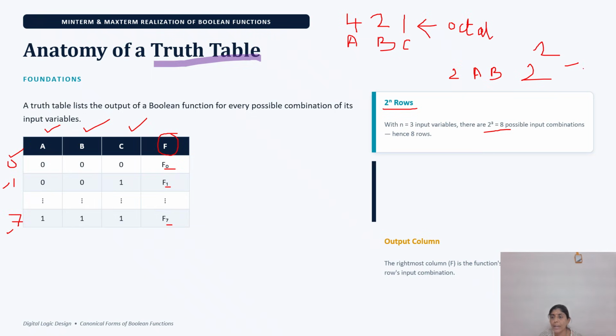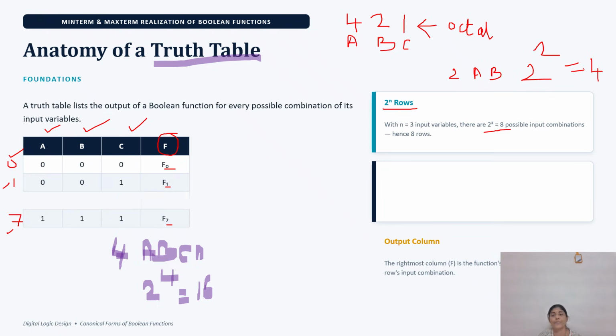Similarly, if you have 4 inputs, A, B, C and D, what will be the result? 2 power 4 is equal to 16 combinations. I have told you all this in the earlier classes itself. So 2 power n rows.